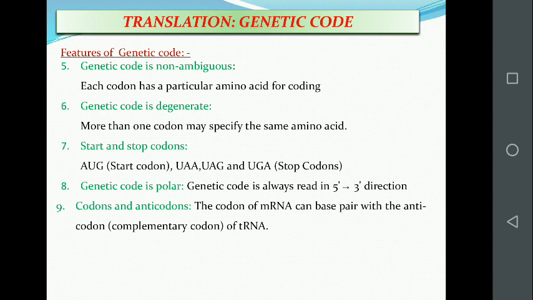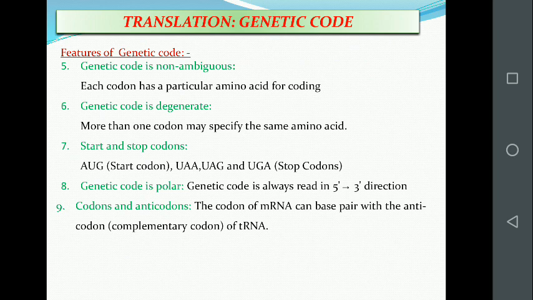And the genetic code is degenerate. Genetic code is degenerate because 61 codons code for only 20 amino acids. That means more than one codon codes for a single amino acid. Codons which code for the same amino acid are known as synonymous codons. This degeneracy is explained by the Wobble hypothesis. We will look at that later.